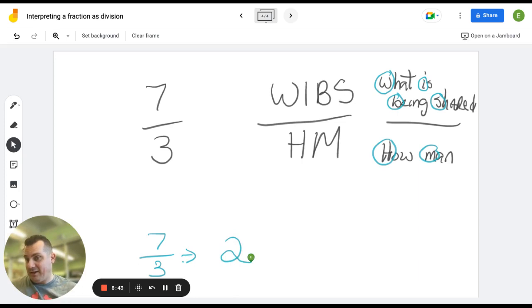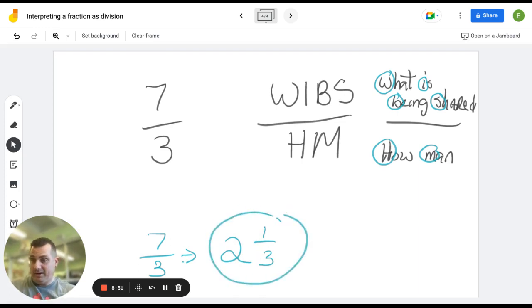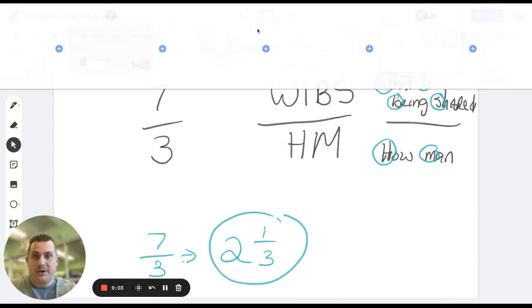That was 6. And then there was 1 left over. And our denominator was 3. So 2 and 1/3. So if that was 7 cupcakes being shared with 3 people, each person would get 2 and 1/3 cupcakes.